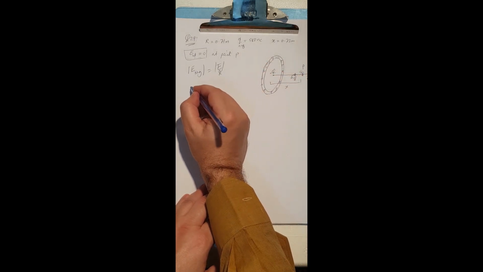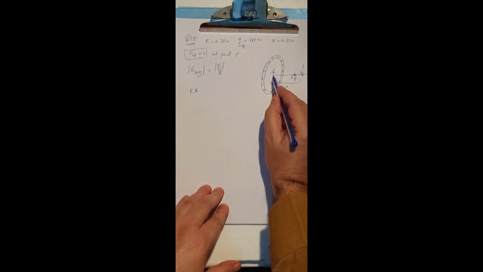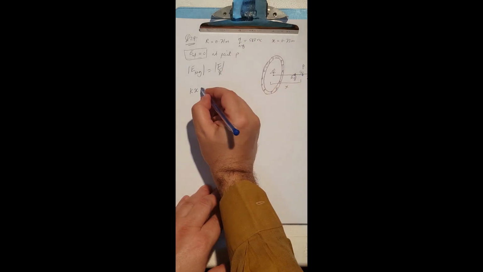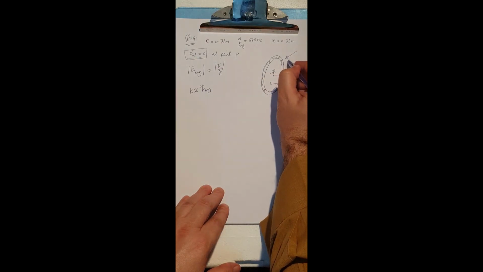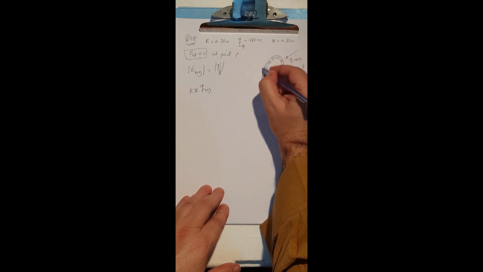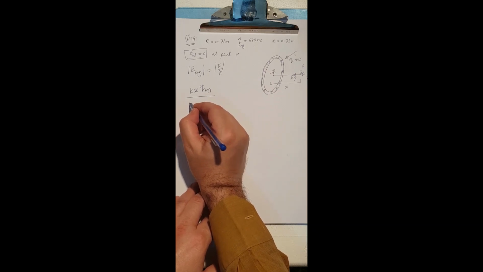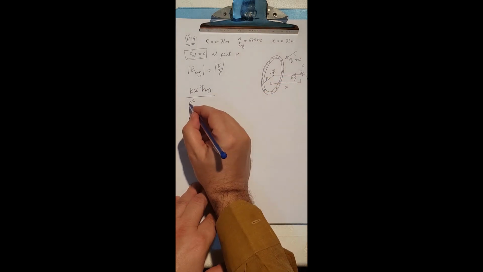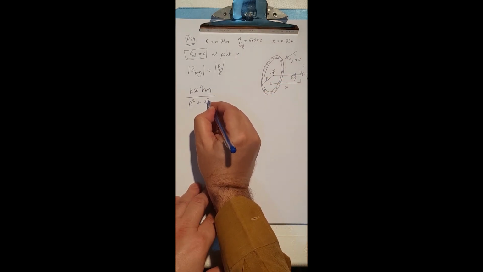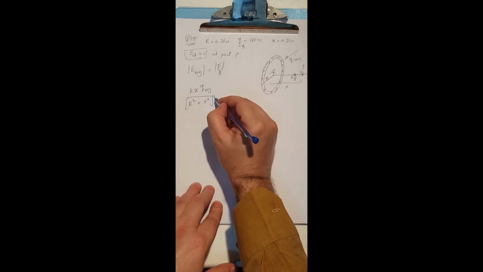If you go back to the theory, you find that it's equal to K, x, the distance from the center to the point, times the total charge of the ring, Q ring, I'll write it small q to remember this is the total charge of the ring, divided by the radius of the ring squared, so if you call it capital R, plus the distance from the center to the point squared, all raised to the power 3 over 2.